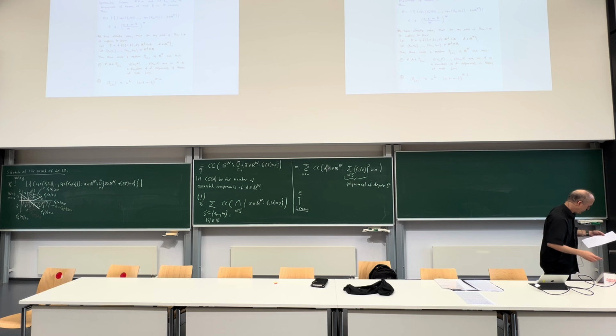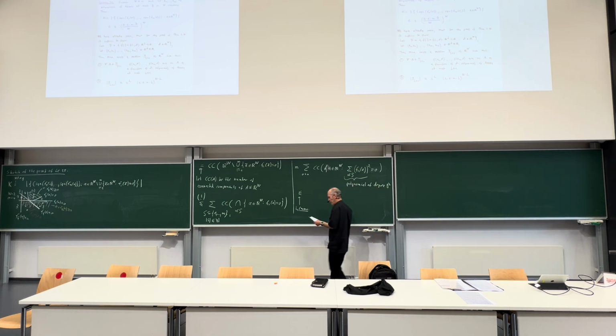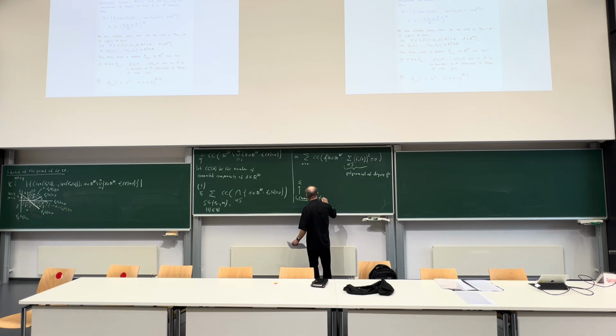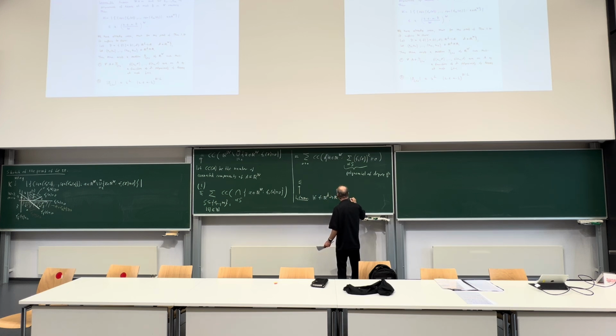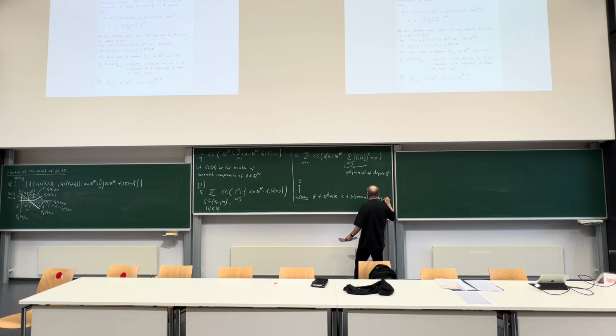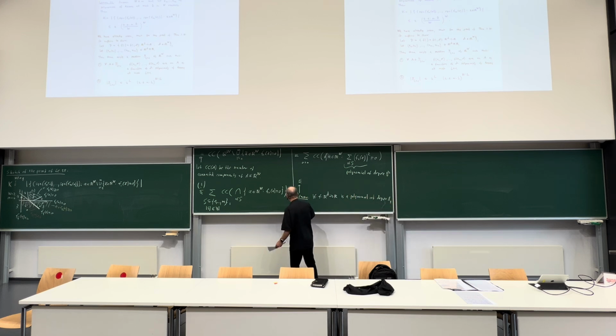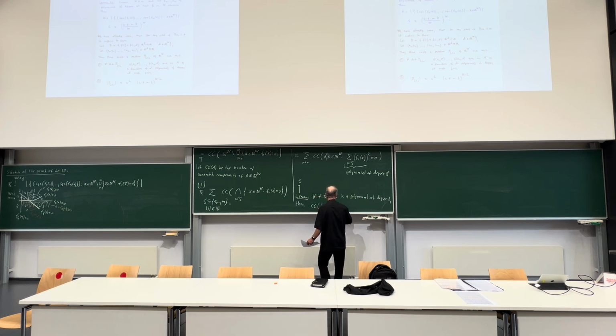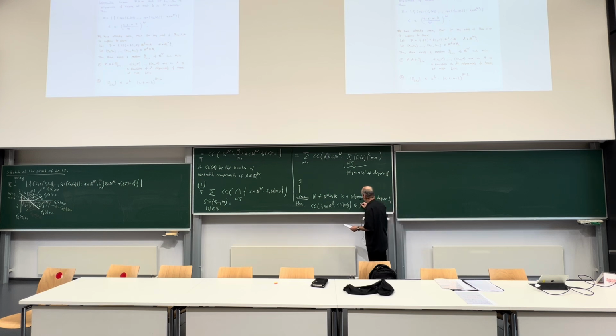The lemma is: if f from R^d to R is a polynomial of degree L, then the number of connected components of the set of all zero points of this polynomial is less equal L to the power d minus 1 times (L plus 3).